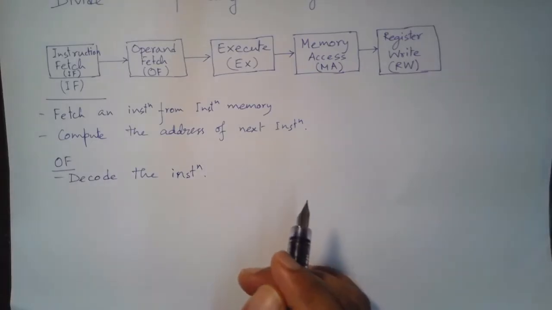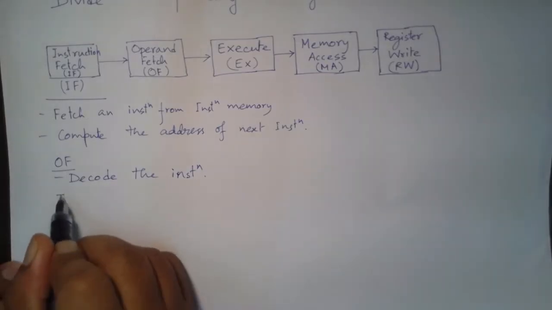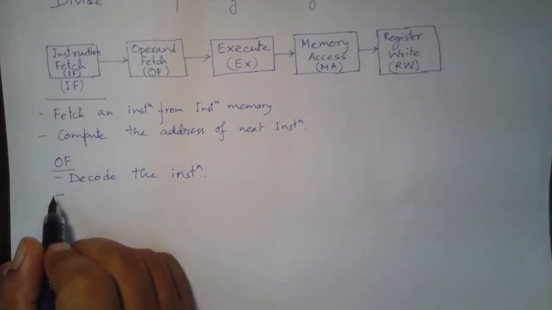We already know, depending on the instruction, that there are specified fields, for example where my source registers will be, and what my destination register field is, and so on. The next thing you will do is fetch the register operands from the register file.